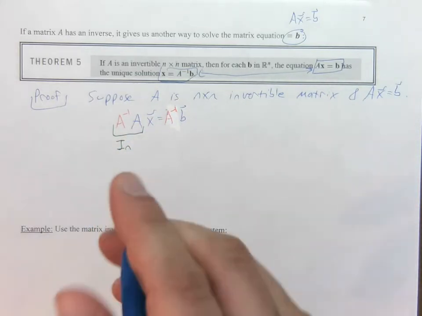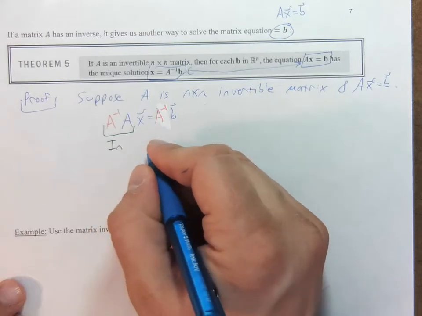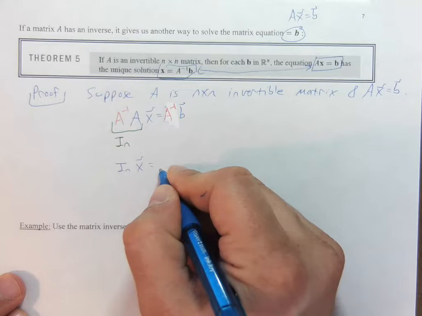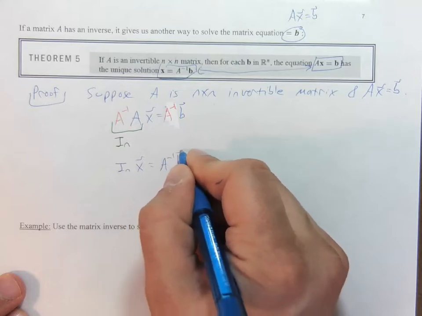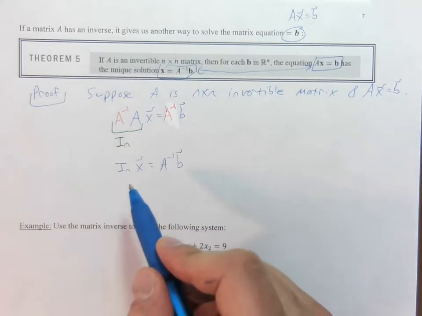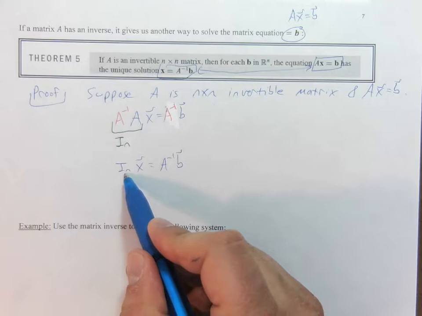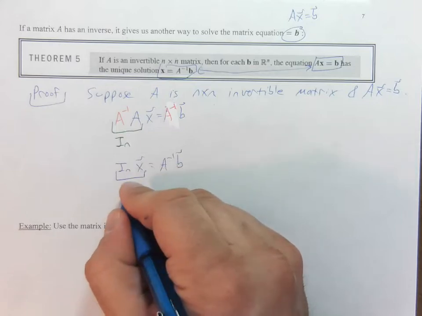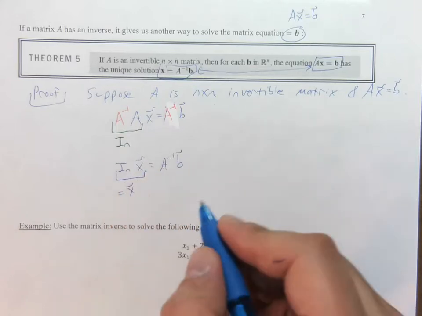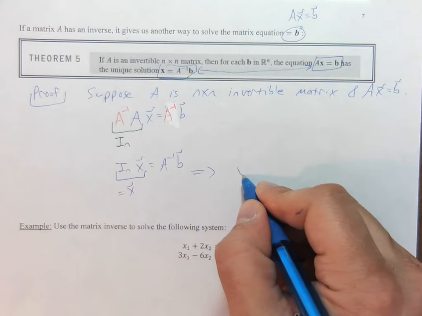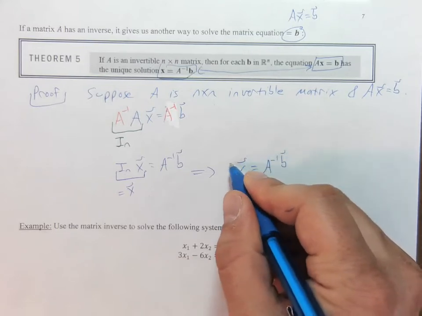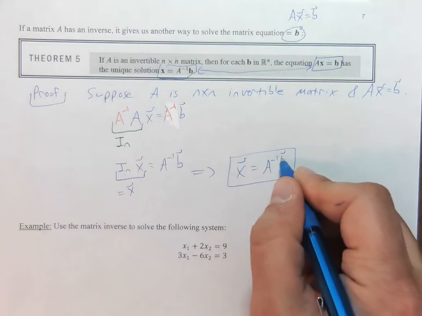And so what we really have here is the identity matrix times X equals A inverse B. And anything times the identity matrix just stays the same, right? The identity matrix I sub n is the matrix version of the number 1. And so this just equals X. And so what we really have is X equals A inverse B, which is exactly what the theorem above there tells us.